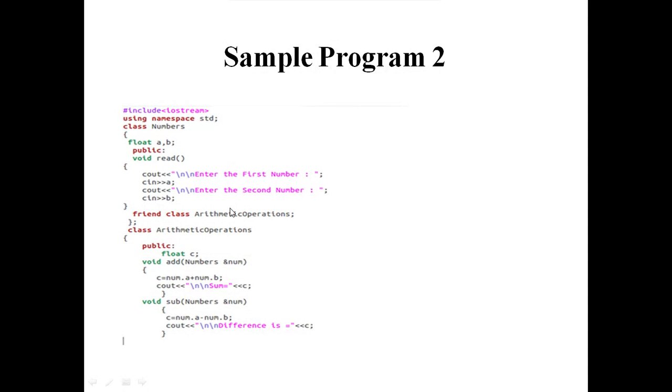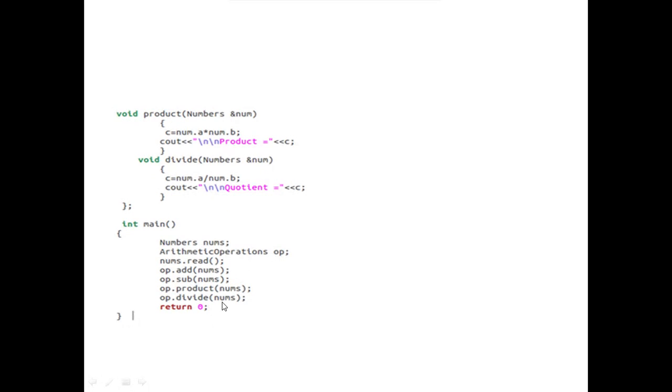Next example is a very simple class, Numbers, where we have two numbers a and b. We have a read function which just reads the values for the two numbers, and then we have a friend class called ArithmeticOperations. In this class we are going to add the numbers, subtract the numbers, find the product of the numbers, and divide the numbers.